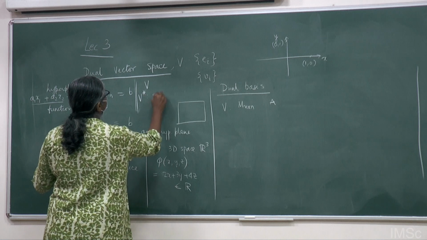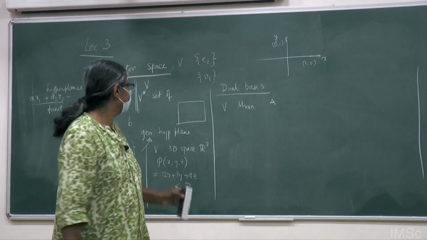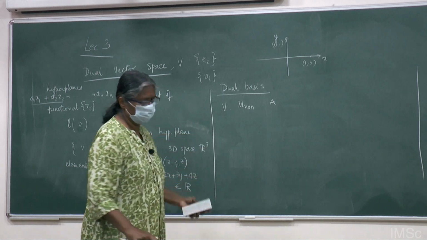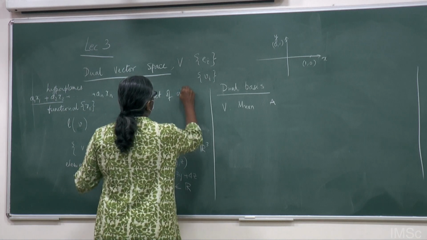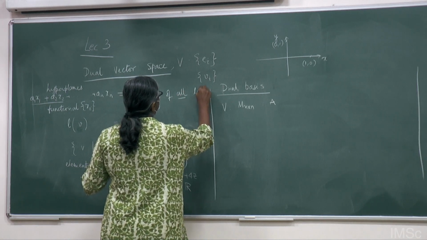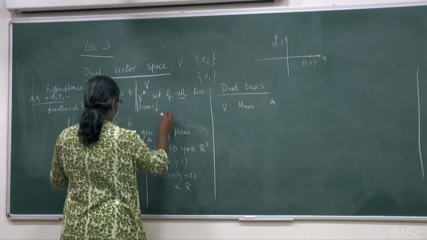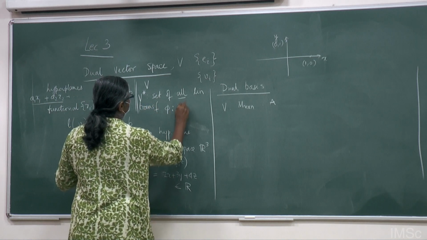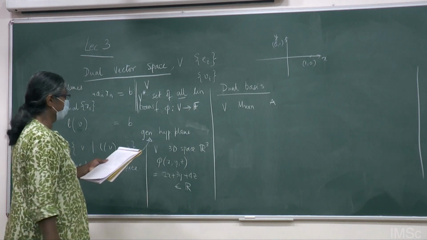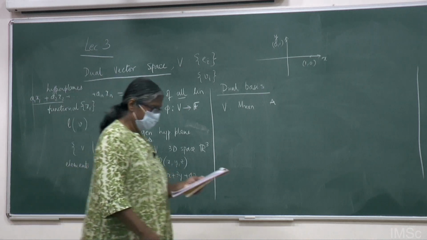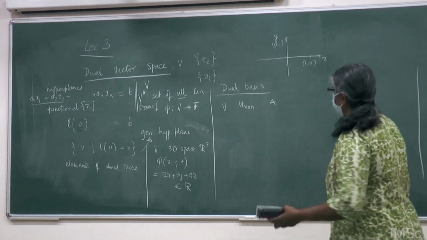It is the set of all linear transformations phi such that V is mapped to some other space F, typically R, but that doesn't get us very far.